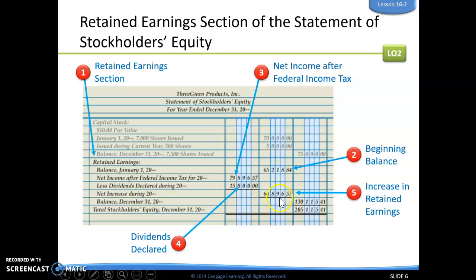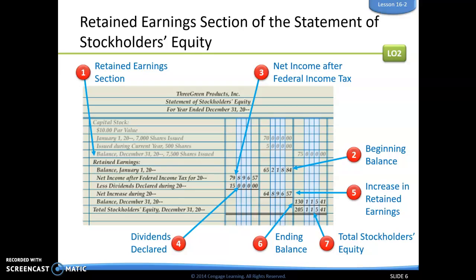So we're going to add those two together to get this number here. This number is going to be labeled as our ending balance. So balance on December 31st. Last thing we're going to do then, to get our total stockholders' equity on December 31st, is take our balance of capital stock plus our balance of retained earnings to get our total stockholders' equity.